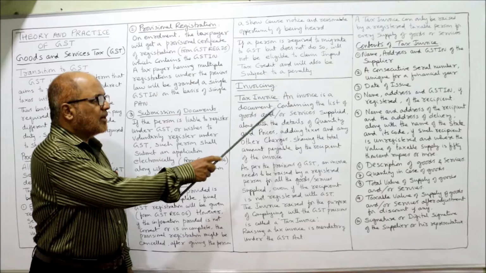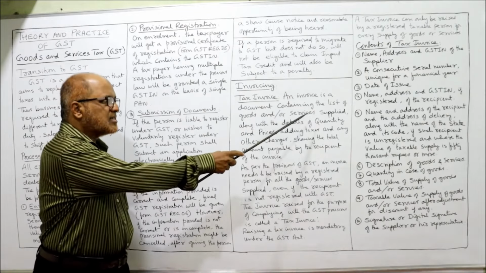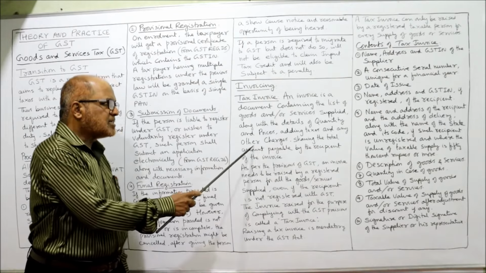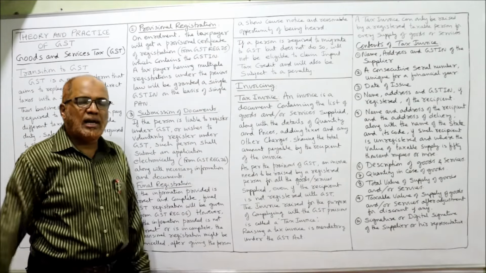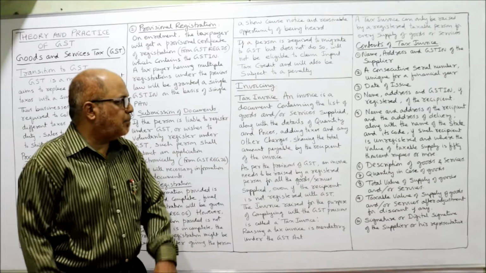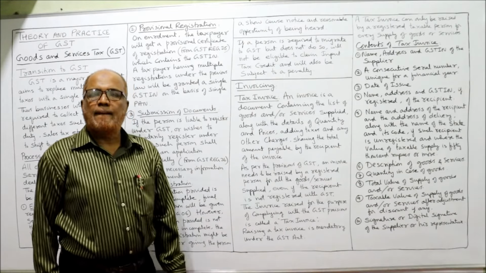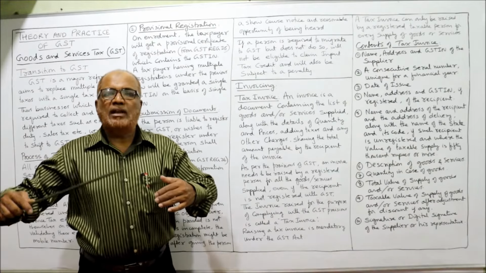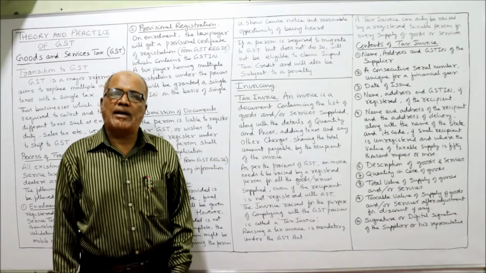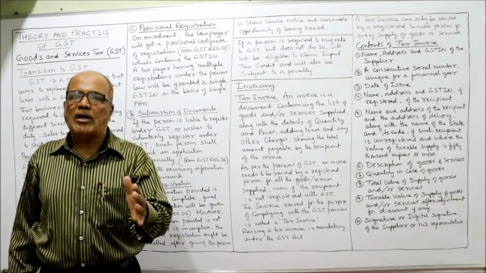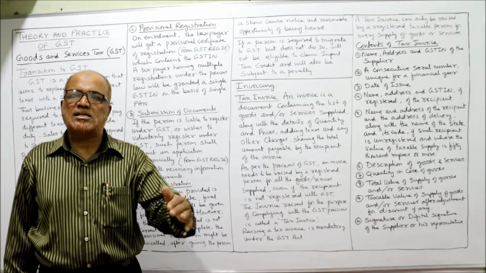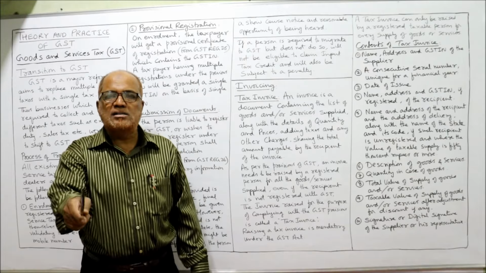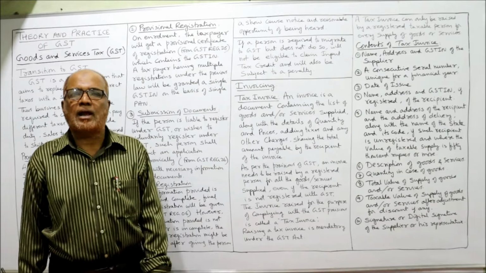So an invoice is a document containing the list of goods and or services supplied, along with the details of quantity and prices, adding taxes and any other charges, showing the total amount payable to the recipient of the invoice. Purchaser, the buyer, is the recipient. So the supplier will issue the invoice to the recipient, the buyer, showing the details regarding quantity, price, taxes or any other charges. And this is the total which is payable by the recipient to the supplier.